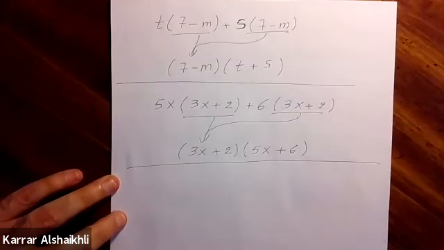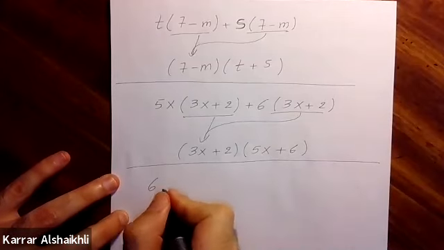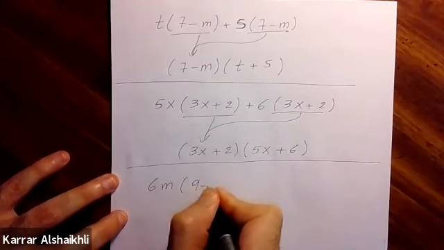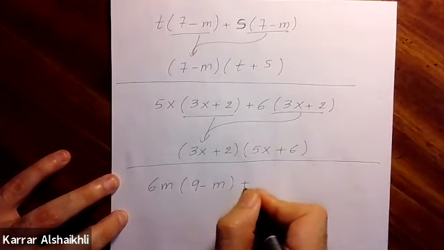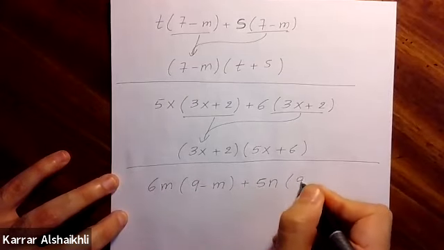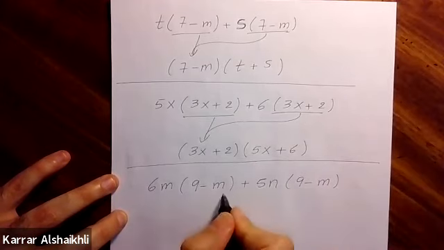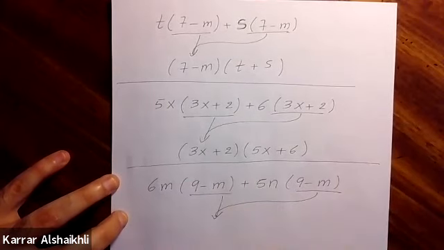Here's another example before we move on to the next method. 6m parentheses 9 minus m plus 5n parentheses 9 minus m. So I have the same parentheses. I'm going to write down these parentheses here.